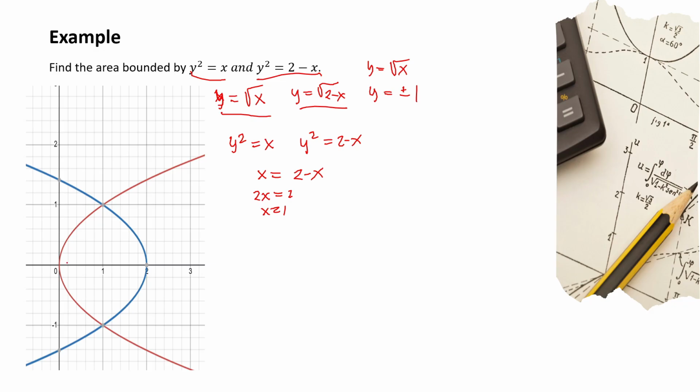So the points of intersection are 1, 1 and 1, negative 1.